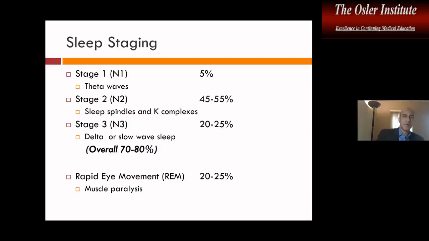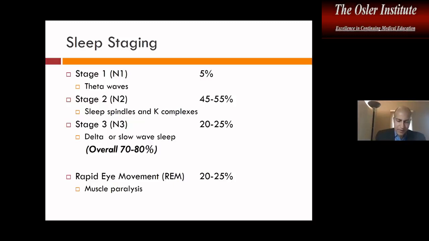But REM is the most important stage of sleep when it comes to discussing obstructive sleep apneic events. It's also the most restful part of our sleep, where we have some of these homeostatic regulation mechanisms. But we only spend a small percentage of our entire sleep cycle in REM.